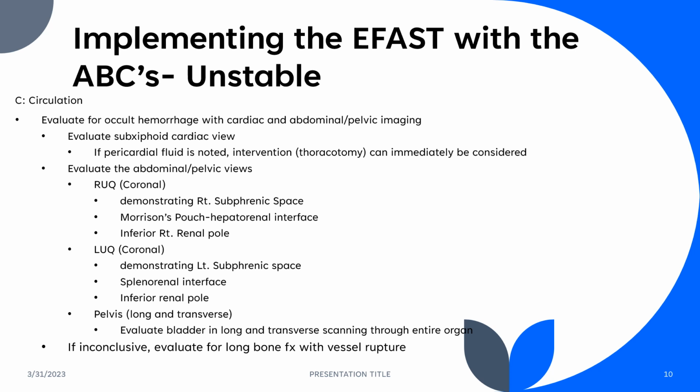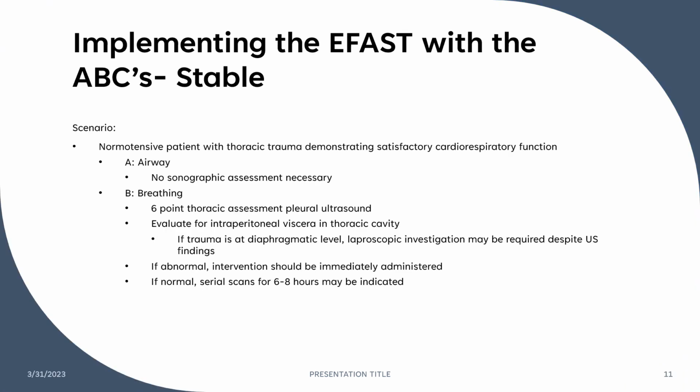While you can look for fluid collections in that area with ultrasound, usually with significant femoral fractures with vascular compromise, you're going to see those clinically, with contusions in the skin and changes in the thigh color. So hopefully that gives you some ideas of how you would implement the EFAST exam with your trauma patient in an unstable state.